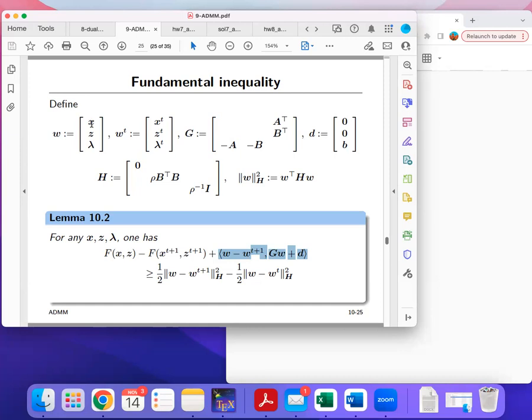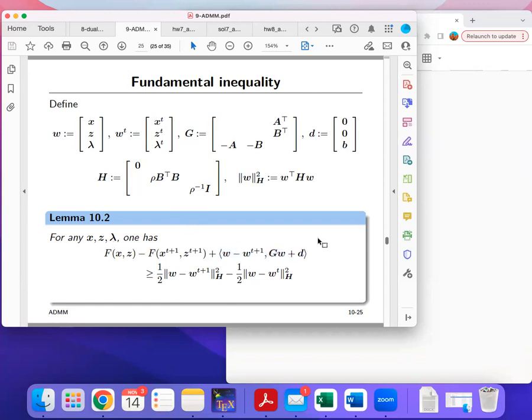Therefore, you can say that the left-hand side is about the objective function value gap, plus something about the violation of the constraint. We will see that more clearly later in the proof.